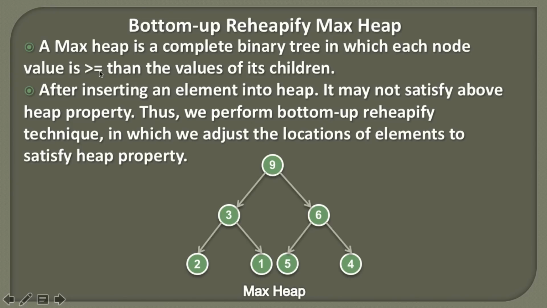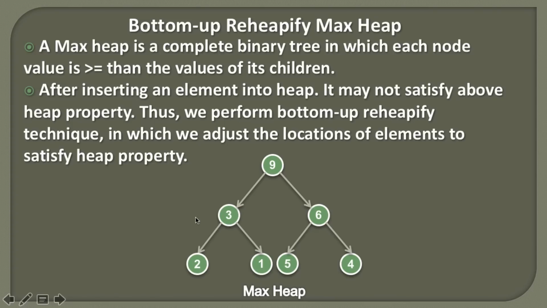So here you can see that a max heap is a complete binary tree in which each node value is greater than or equal to the values of its children. The node having value 9 has two children, 3 and 6. So 9 is greater than both 3 and 6.